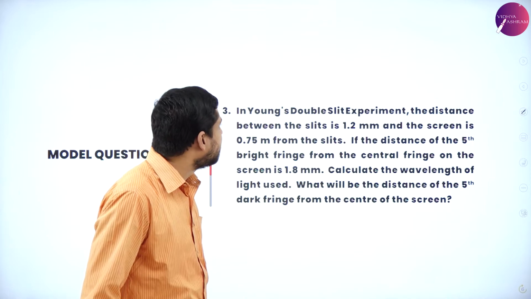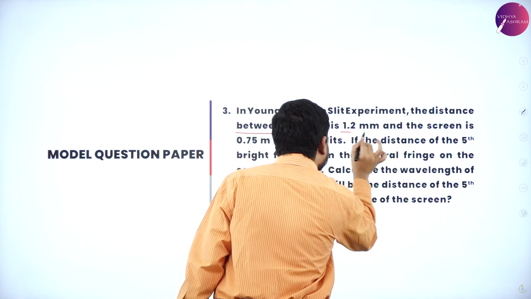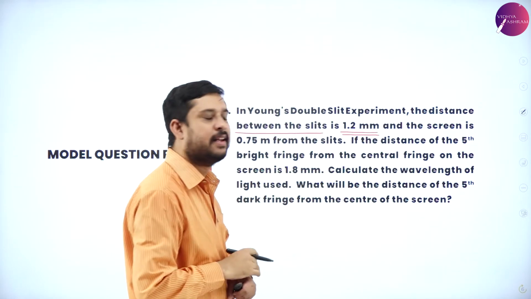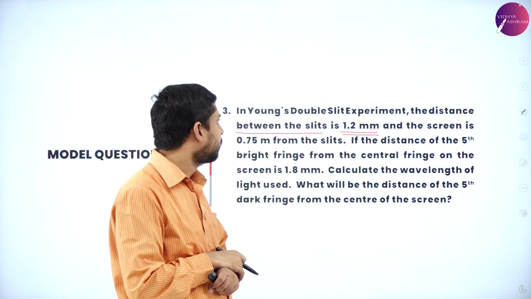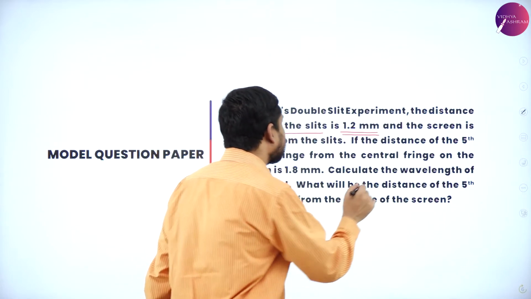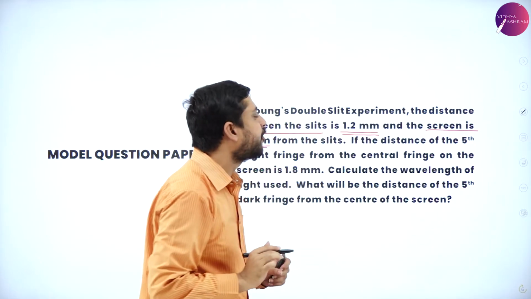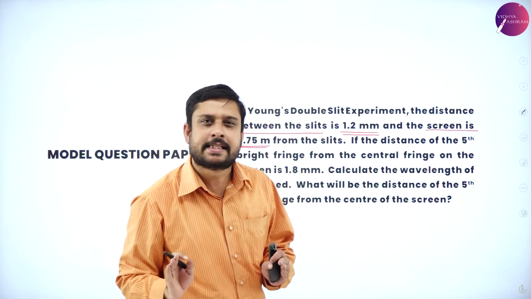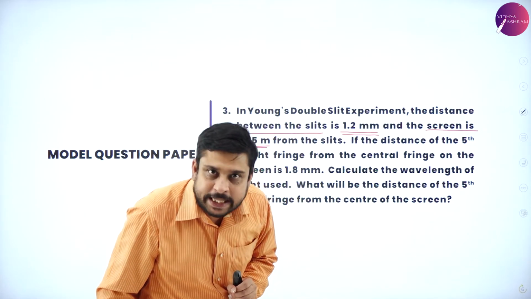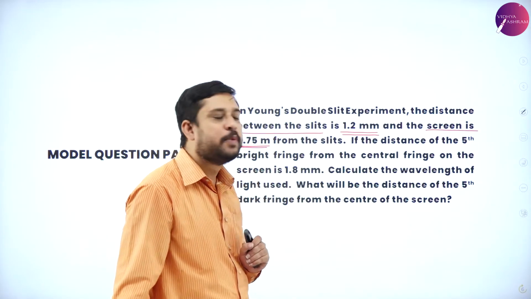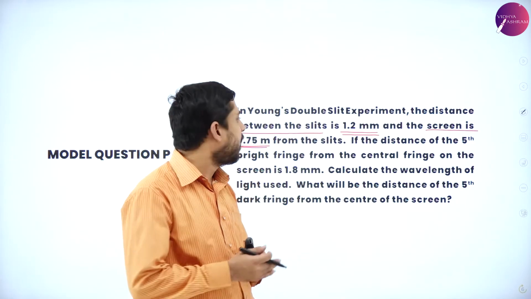In Young's double slit experiment, the distance between the slits is 1.2 millimeter, and the screen is at 0.75 meter from the slits.